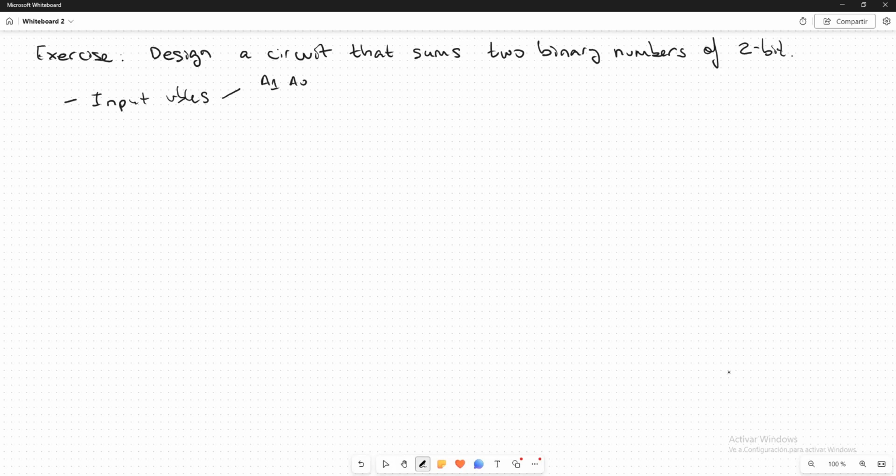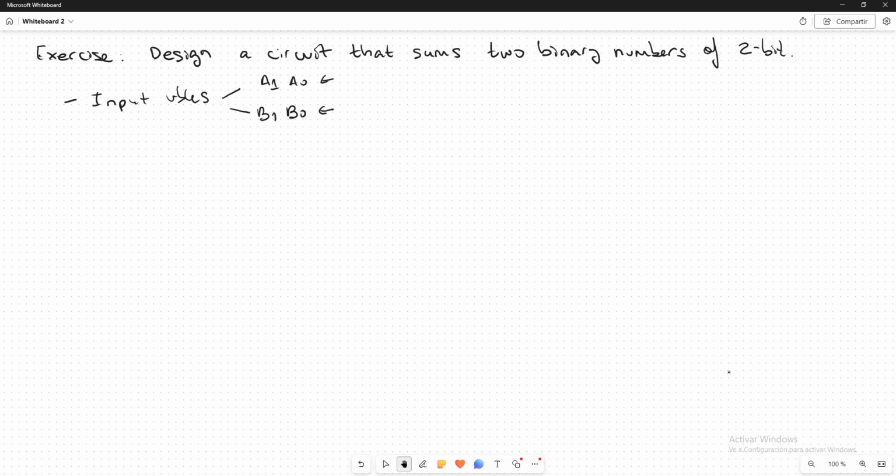So I can write number A like this and number B, for example, like this, because they have 2 bits each. At this point you can see that we are going to have 4 inputs, 2 inputs from this number and 2 inputs from this number.